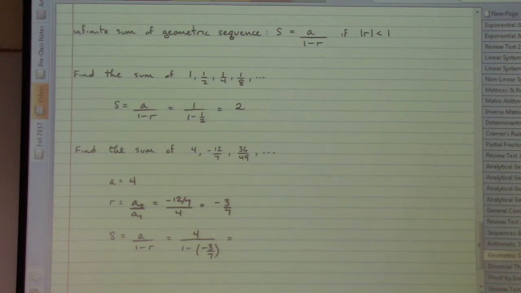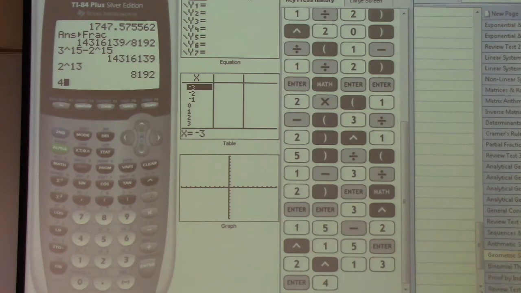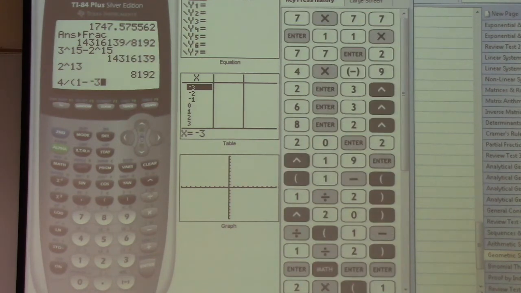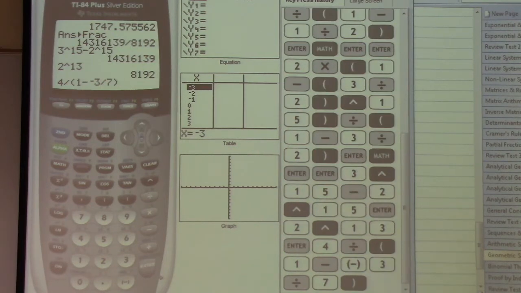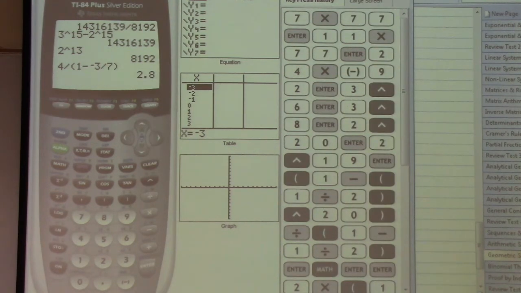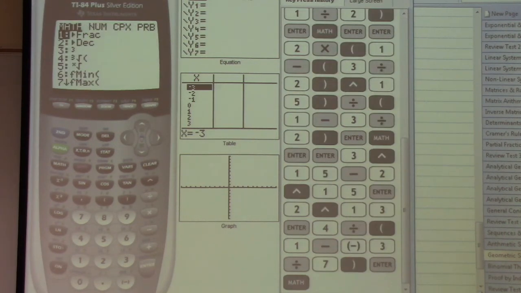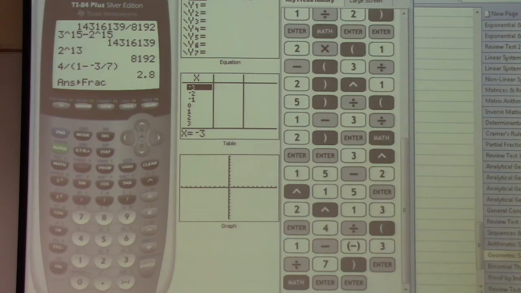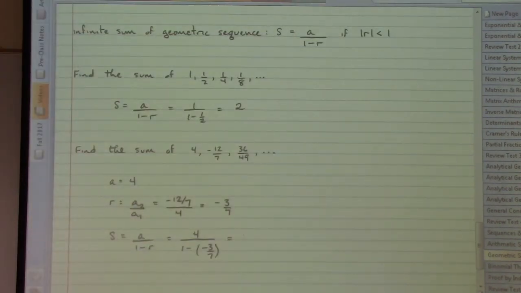I'll tell you what, let's be lazy. I know that some of y'all are about that. So you'd be like 4 divided by parentheses 1 minus negative 3 over 7 parentheses, enter. 2.8. Well, that happens to be nice, but if we literally wanted a fraction version of that answer, 14/5. So, there we go.